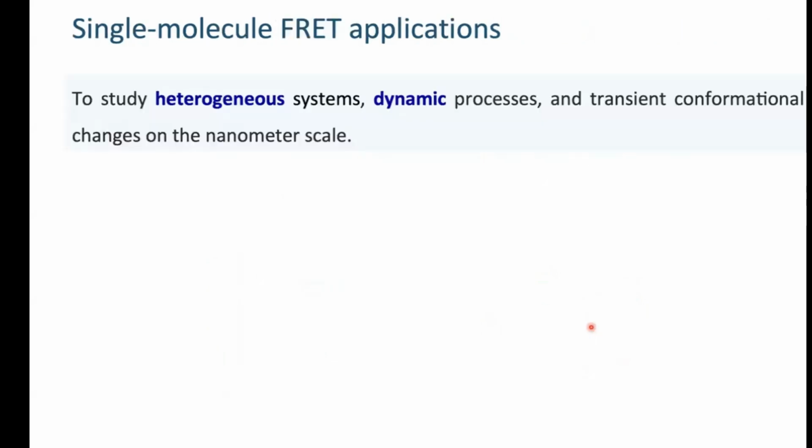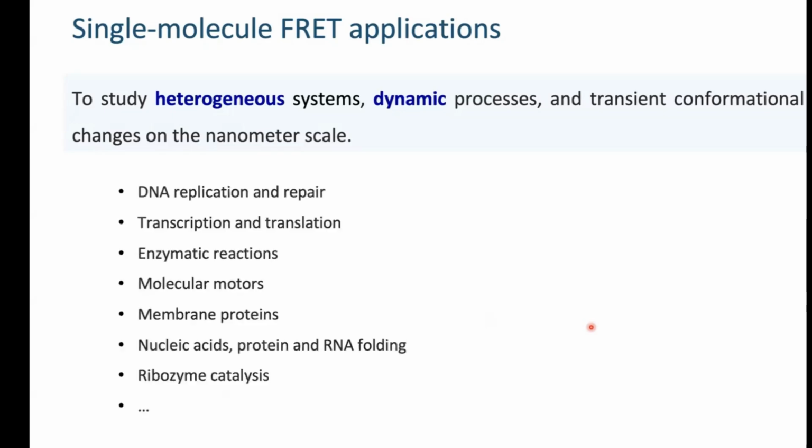And so the way that I usually try to sell this method is that it's a single molecule technique. So this means that you can study heterogeneous systems, dynamic processes, and also follow conformational change on this nanometer scale.